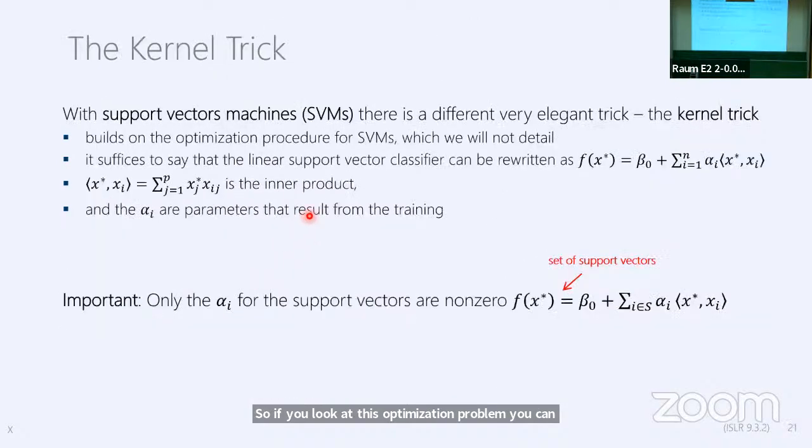Once you rewrite it, it turns out that the classifier can be written as a function of the bias term plus some new variables called alpha i, where the term multiplying alpha i is the inner product between our test point and our training data points.